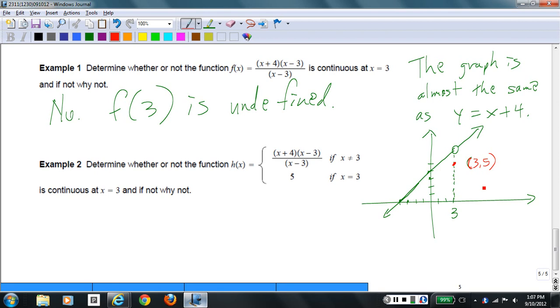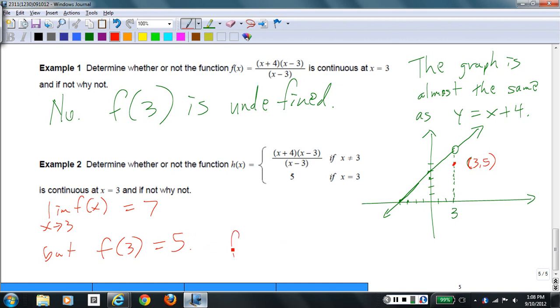The limit exists. If you were going to evaluate the limit of this expression as x approaches 3, you would scratch out the x minus 3's, and you would substitute 3 for x in the expression x plus 4. You say 3 plus 4 is 7, and that's not equal to 5, though. So the limit exists, and it's not equal to what the function is defined to be. So the limit of f of x as x approaches 3 equals 7, but f of 3 equals 5, so it's not continuous.